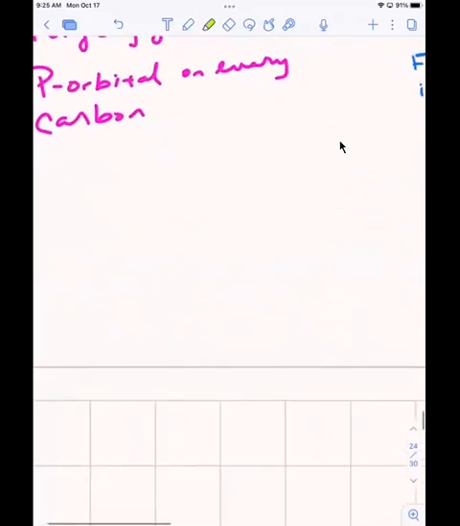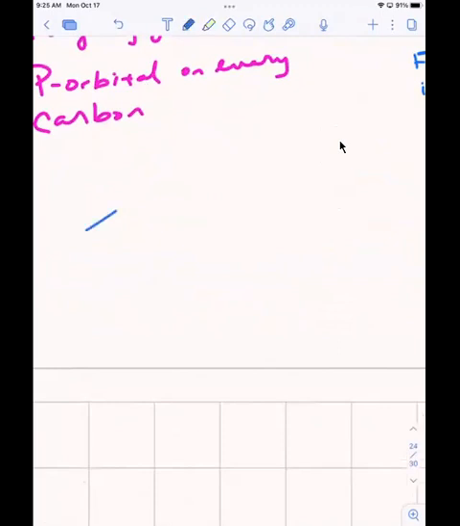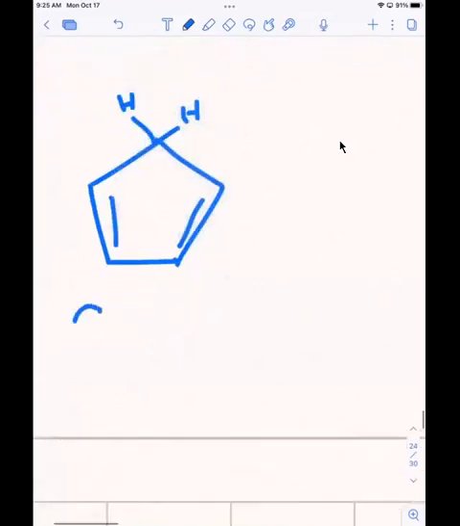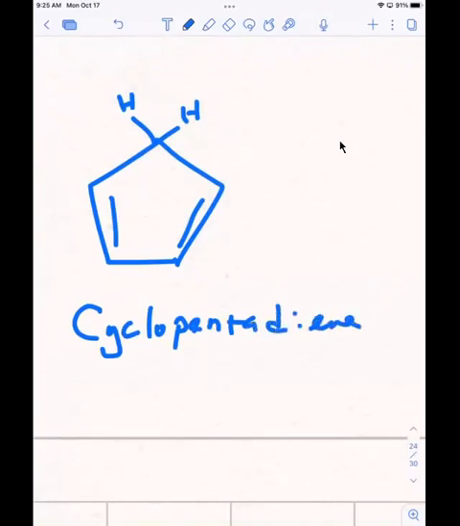All right, what about this molecule? I'm going to redraw this down here because I want to make a point that I'll also reiterate when we get to aromatics. This is cyclopentadiene. Is it conjugated?